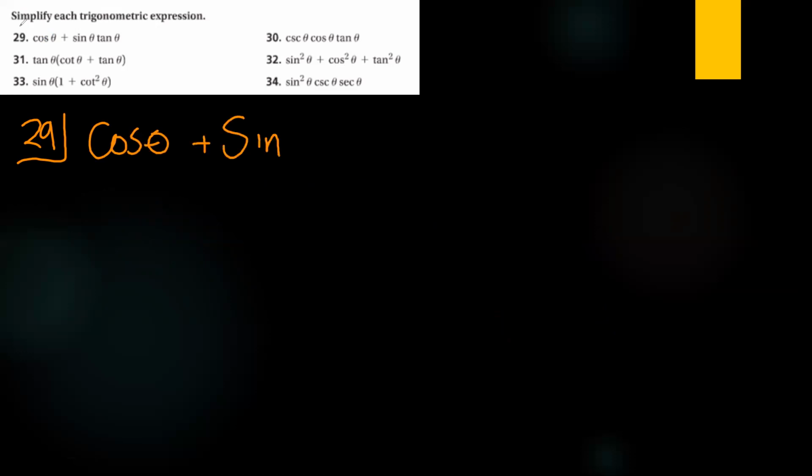Now, let's solve these examples here. Number 29. Now, in number 29 here, we have cosine theta plus sine theta times tan.